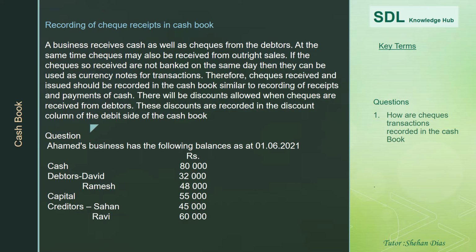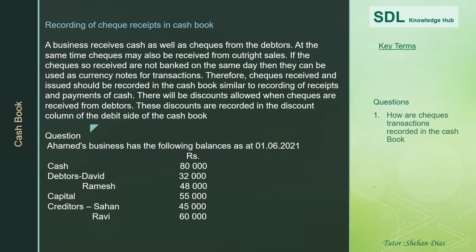Recording of cheque receipts in the cash book. The organization receives payments not only in cash but also by cheques. These cheques may come from debtors and also from outright sales. Now if these cheques are not banked on the same day that they are received, then they can be used as currency notes for transactions.